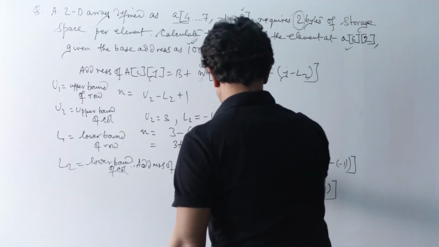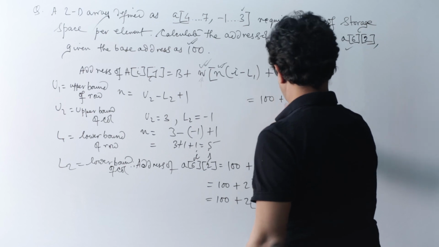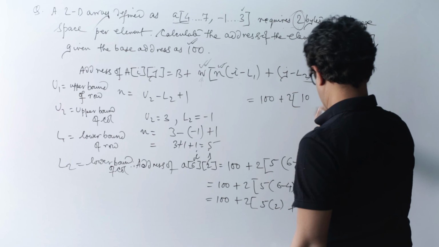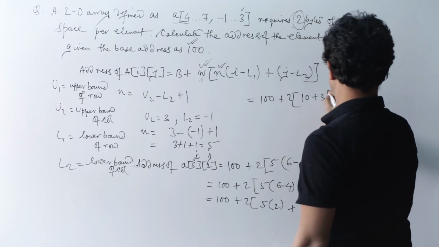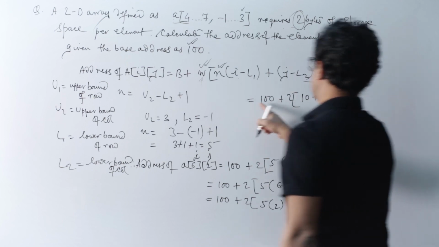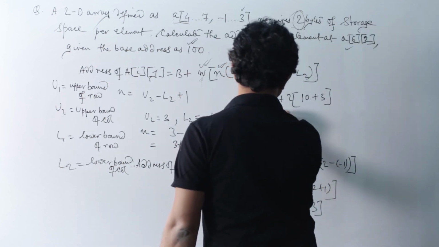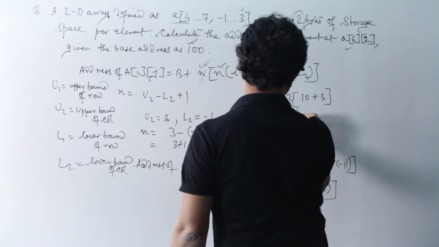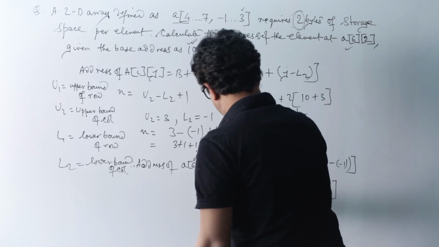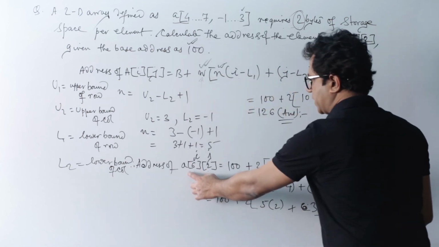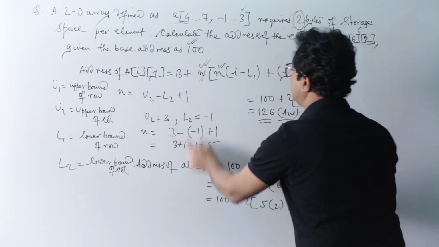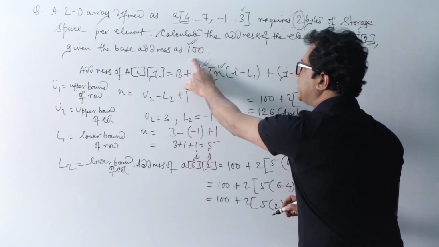That is 100 plus 2 into (10 plus 3), that is 13. So 13 into 2 means 26, plus 100 is equal to 126. So 126 will be the address of the element A62, if the base address of the 2D array is 100.